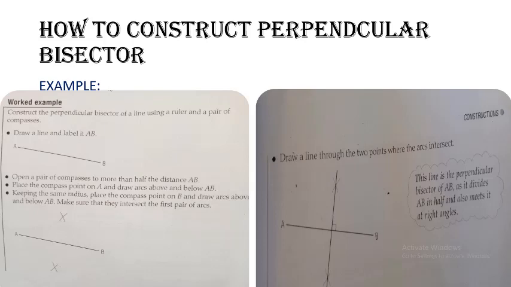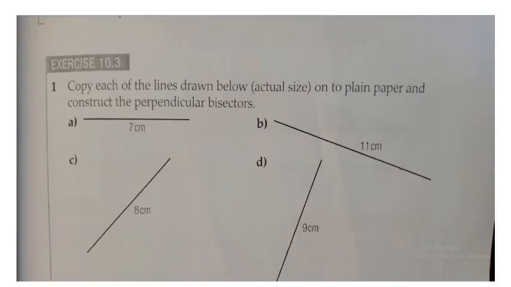So you just join those 2 points. This line is the perpendicular bisector of AB as it divides AB in half and also meets it at right angles. So this is how we construct a perpendicular bisector.